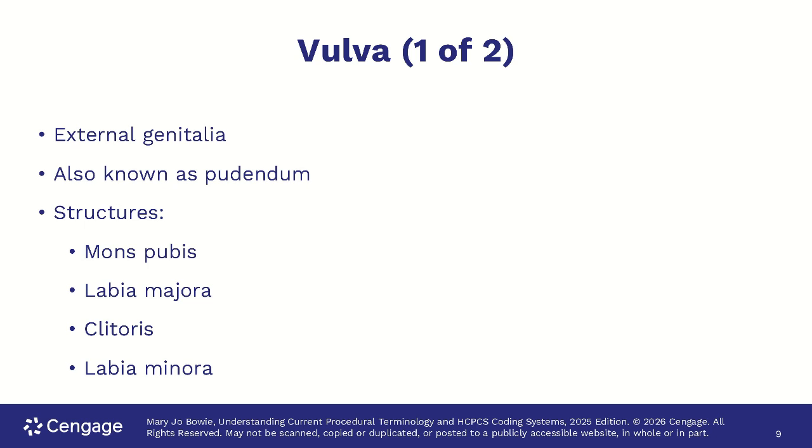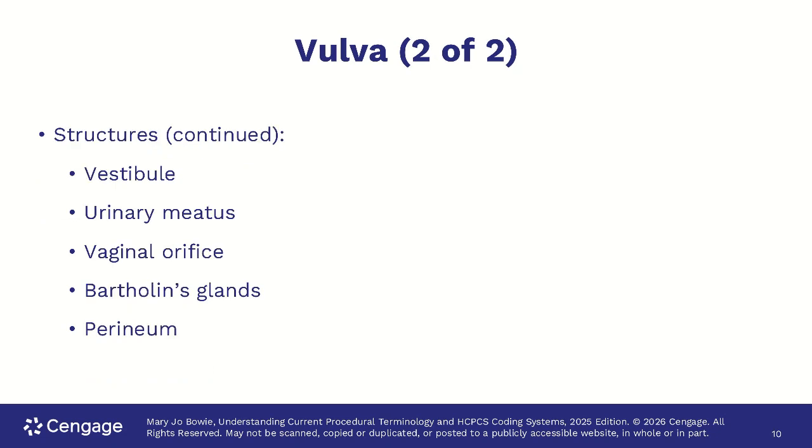All right. So the vulva, I already told you, is this all inclusive term to describe the external genitalia. It is also known as the pudendum. And these structures that make up the vulva are the mons pubis, the labia majora, the clitoris, and the labia minora. We also have other structures like the vestibule, the urinary meatus, the vaginal orifice, Bartholin's glands, and then the perineum.